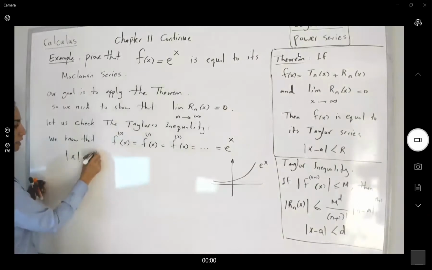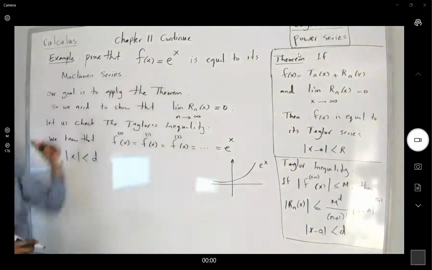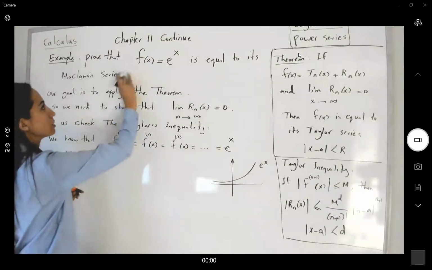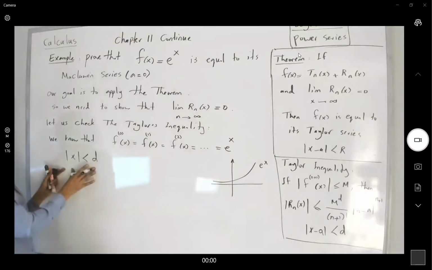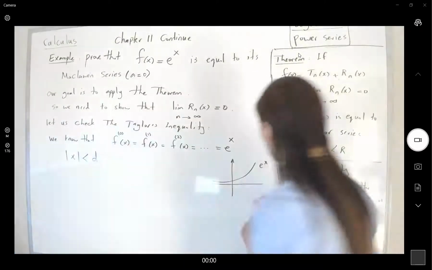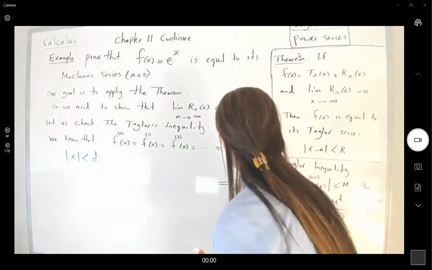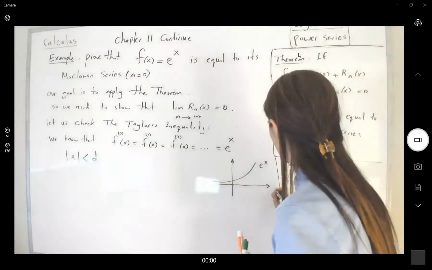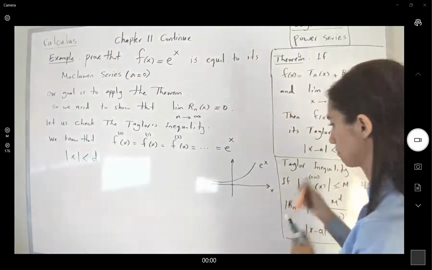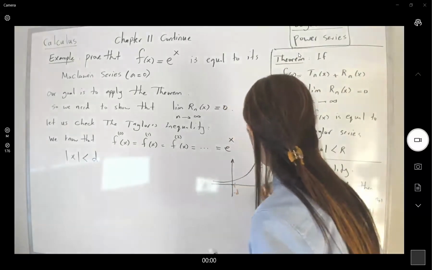is less than d. Remember that a for a Maclaurin series is equal to 0. So it says that my x is bounded between negative d and d. My x on the horizontal axis is bounded between negative d and d. So suppose this is negative d and this is your d.